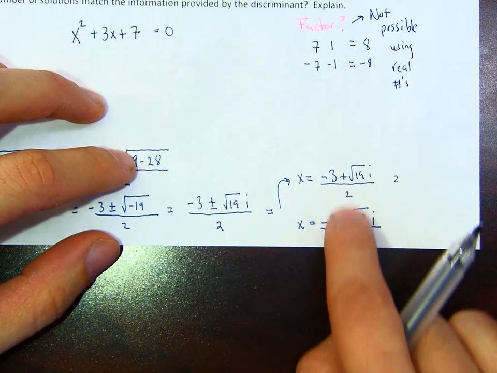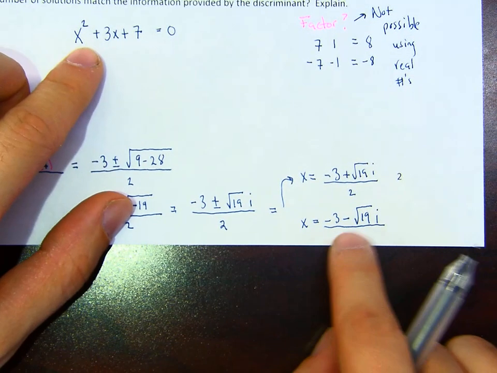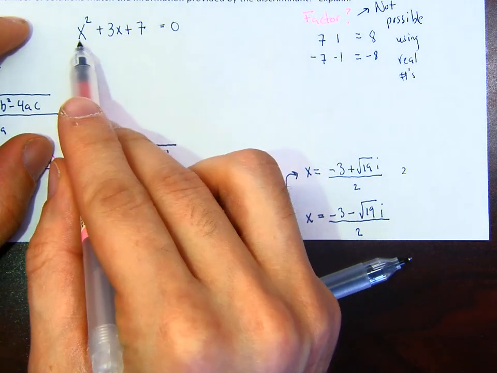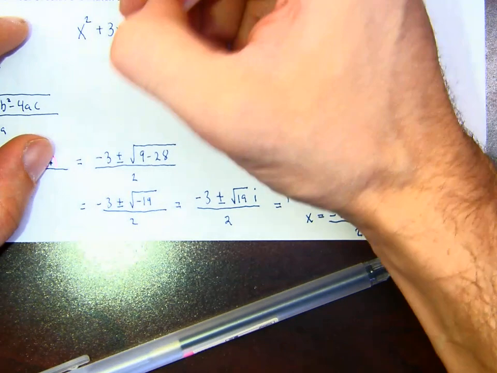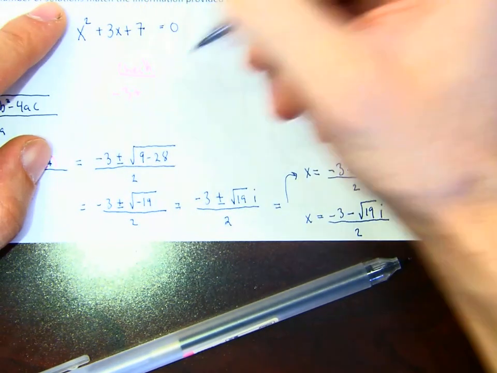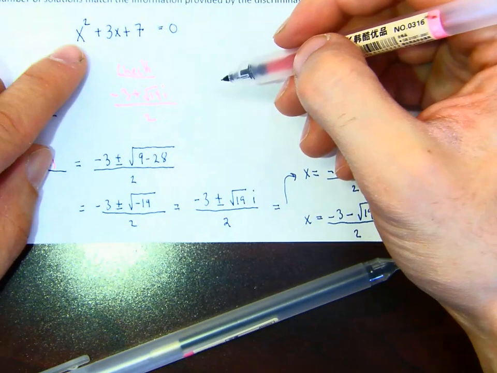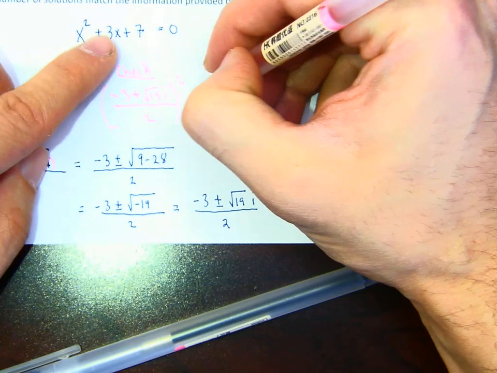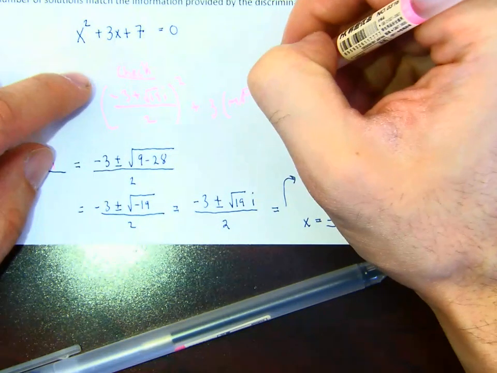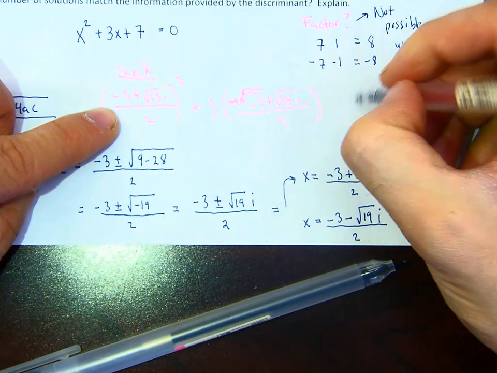Okay? Now, very quickly, what does this number represent? If I were to, this is the original equation, right? It looks very weird. But if I were to take this value here and plug it in, check, what is negative 3 plus square root 19i over 2, and I'm going to square it plus 3 times negative 3 plus square root 19i over 2 plus 7.